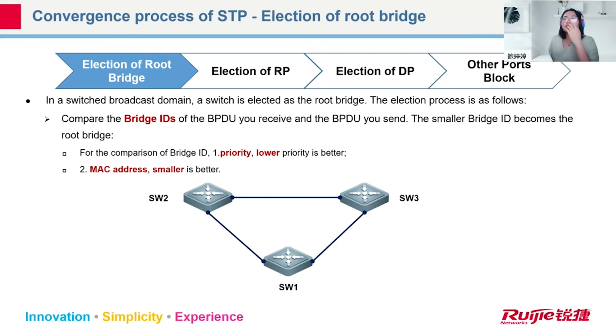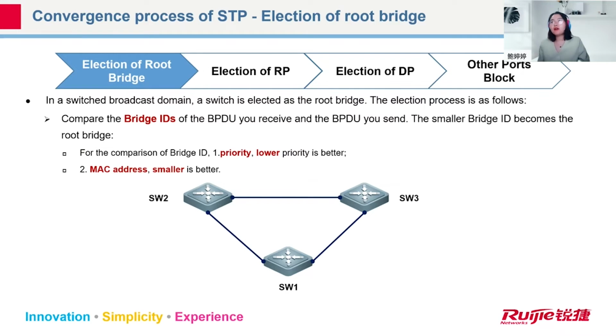And now let's see the process: how to select the root bridge and how to define the interface status. The first one, we have to select the root bridge. For the root bridge, we compare the bridge ID. First, the lower priority is better. If the priority is the same, we compare the MAC address.